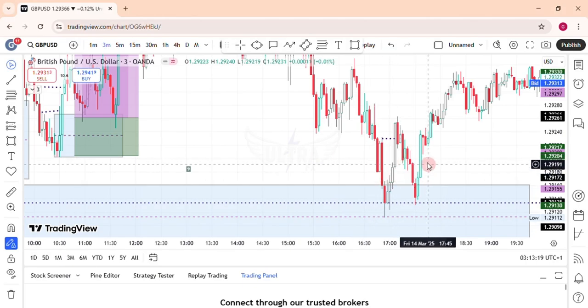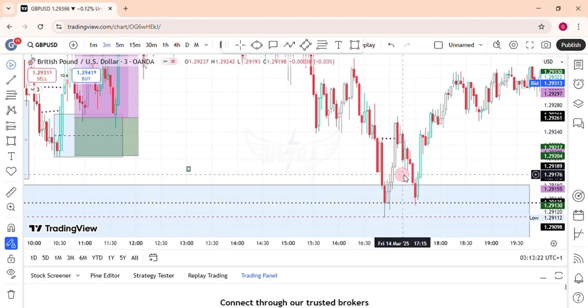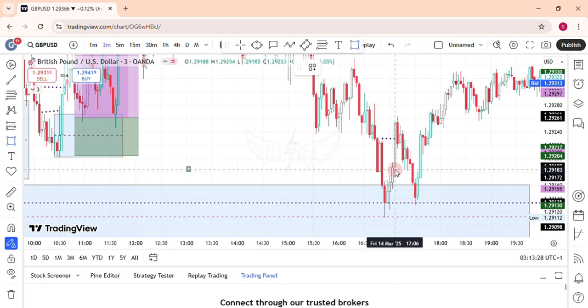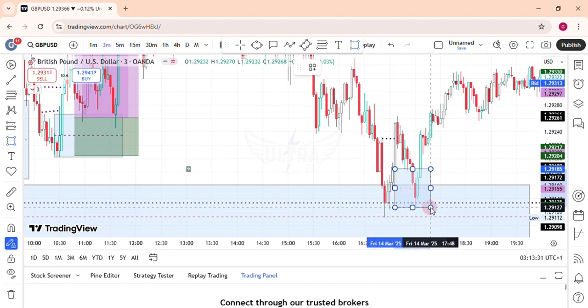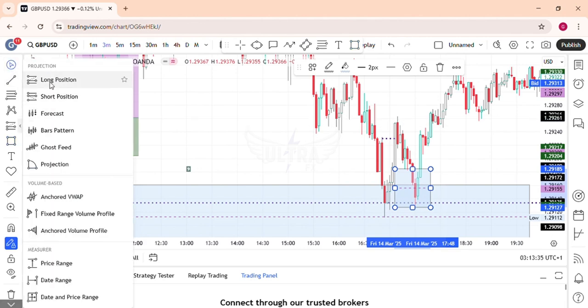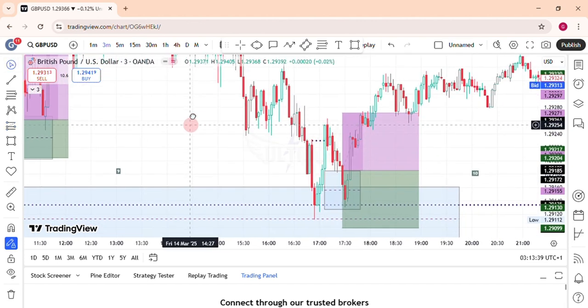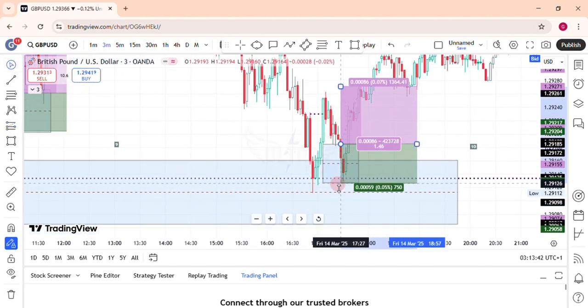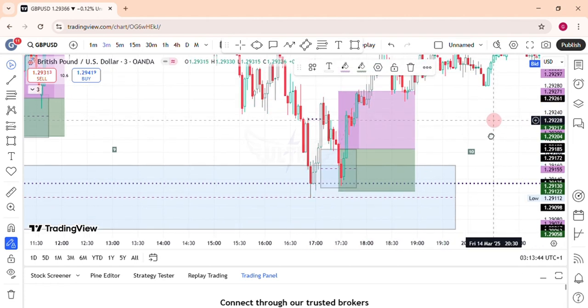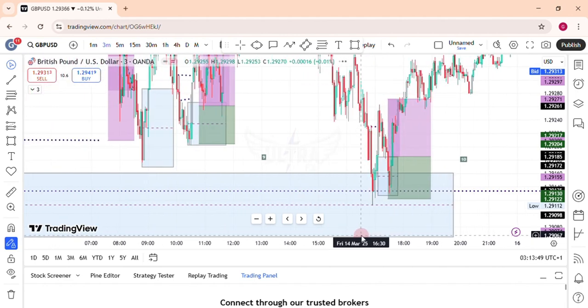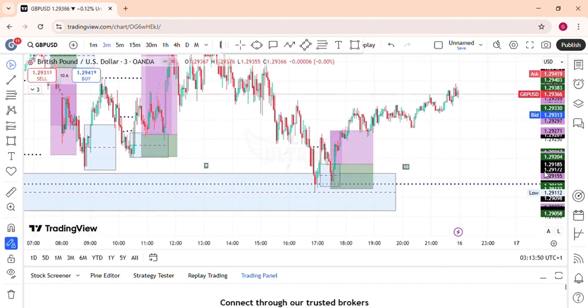So prior to price giving you that break of market structure here, you can see a fair value gap here, and you extend your rectangle to that, and it gives you your bullish trade here. So this should be your number 10 trade that happened on a 3 minute time frame, and this happened on Friday.